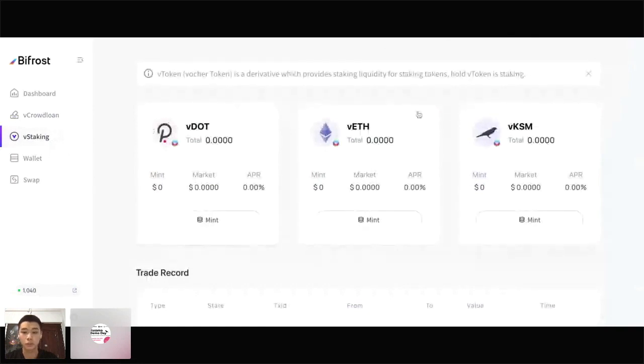You can see that vDOT and vETH, which we did in the first two quarters of 2022, accumulated about 400 million market cap, which will be burned and taken to the parachain ecosystem in the near future when the bridge is complete. So yeah, that's the demo.